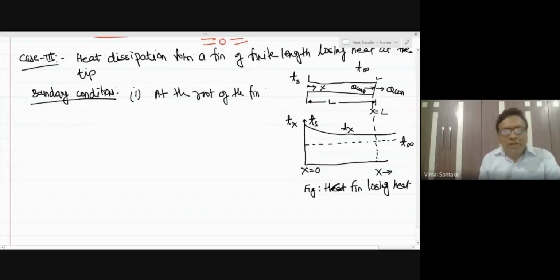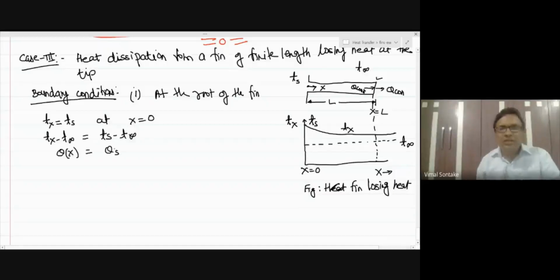At x equal to 0, the temperature of the fin will be the surface temperature. In terms of excess temperature, I can also write it as Tx minus T infinity is equal to Ts minus T infinity, or theta x is equal to theta s. This is boundary condition number 1. In fact, boundary condition 1 is always going to remain the same for all the 3 cases.